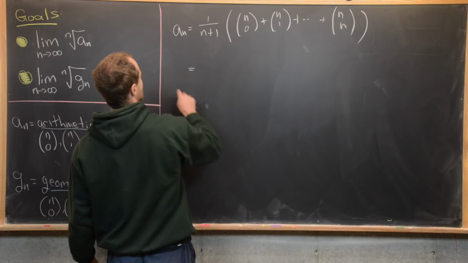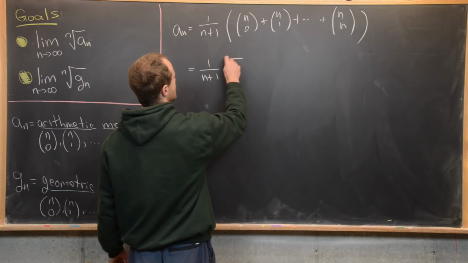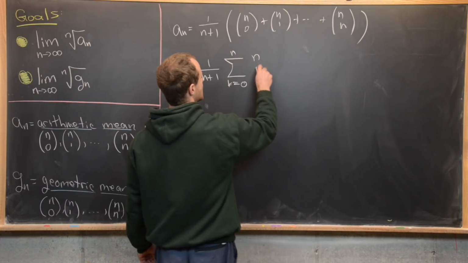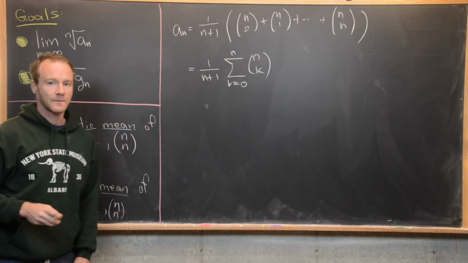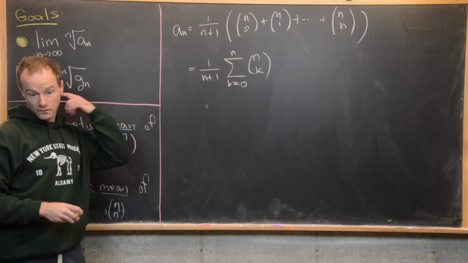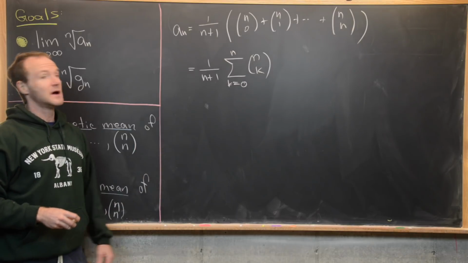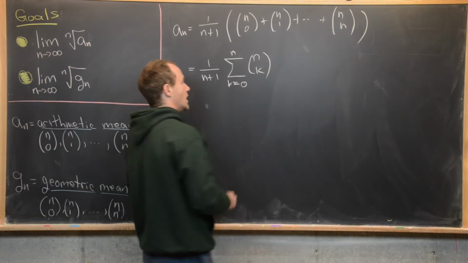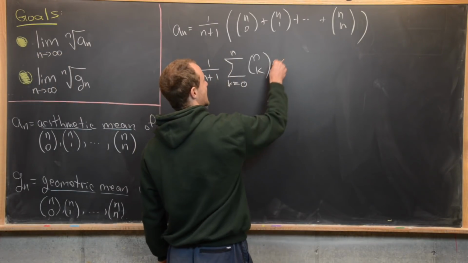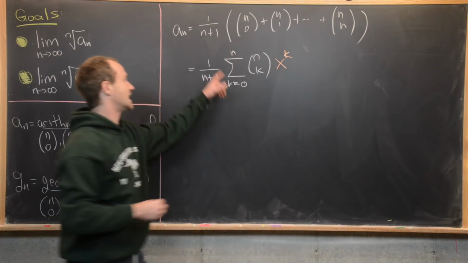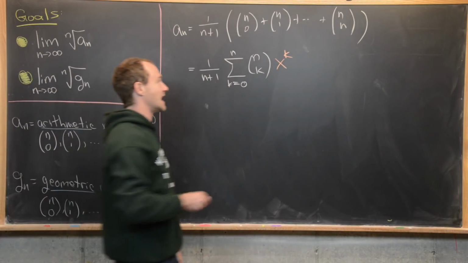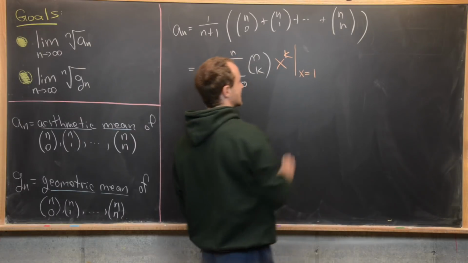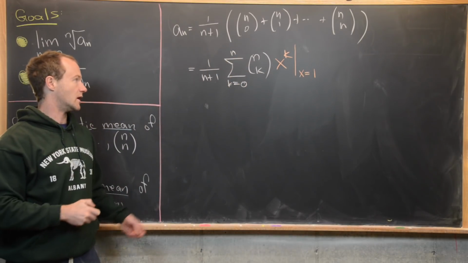Now let's write this as 1 over n plus 1 times the sum as k goes from 0 to n of n choose k. Now the next thing I want to do is recognize this as some binomial that has been expanded and then evaluated at 1. Notice this is exactly the same as the sum as k goes from 0 to n of n choose k times x to the k, where we have evaluated x at 1, because 1 to the k is just 1.